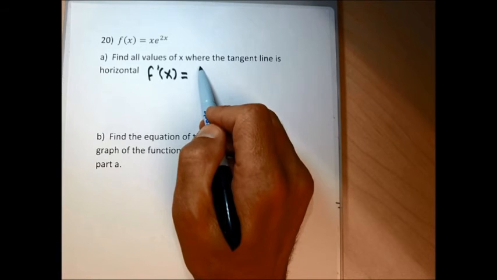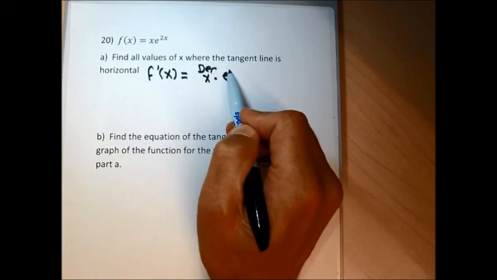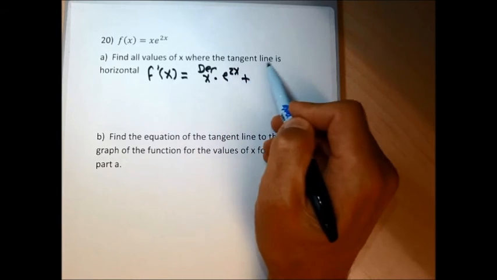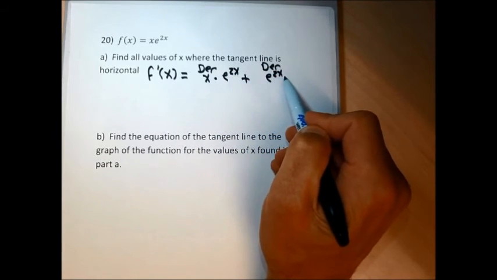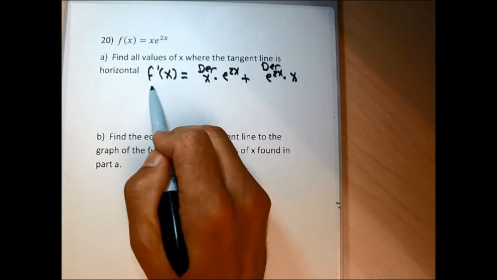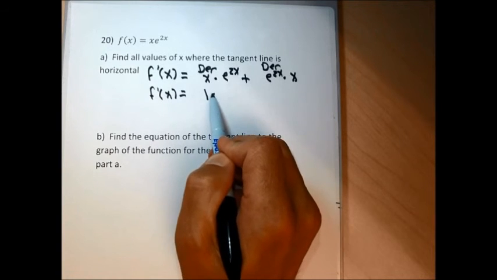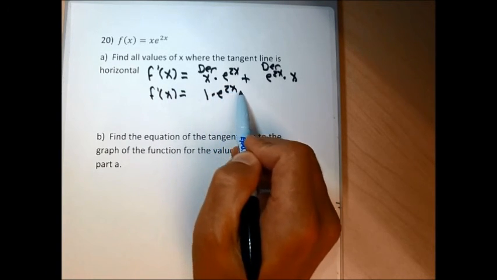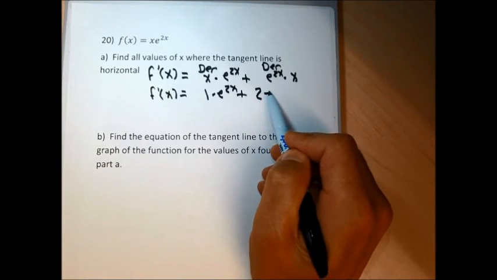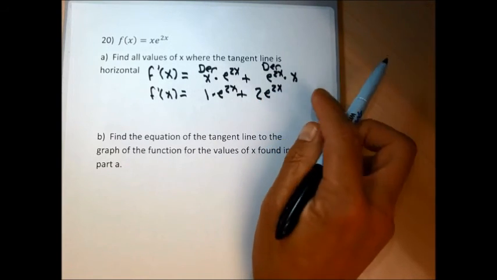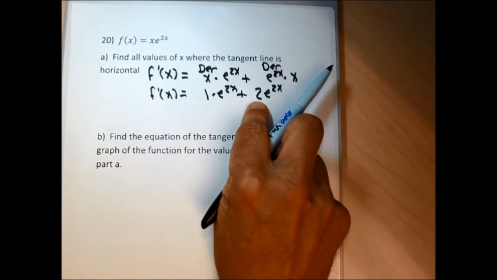So I'm going to take the derivative of x times the e to the 2x plus the derivative of e to the 2x times the x. The derivative of x is 1, so I get 1 times e to the 2x, plus the derivative of e to the 2x, which is 2e to the 2x, because for the e, you just bring down the e function, and preceding it, you put the derivative of its exponent.